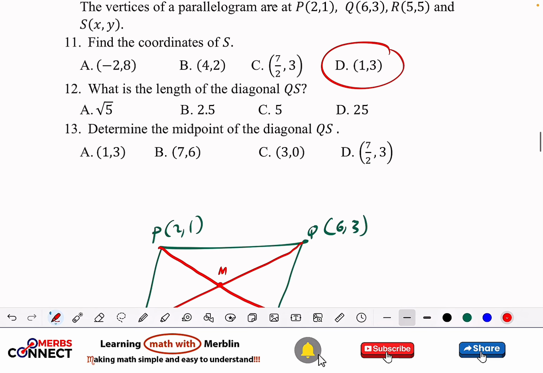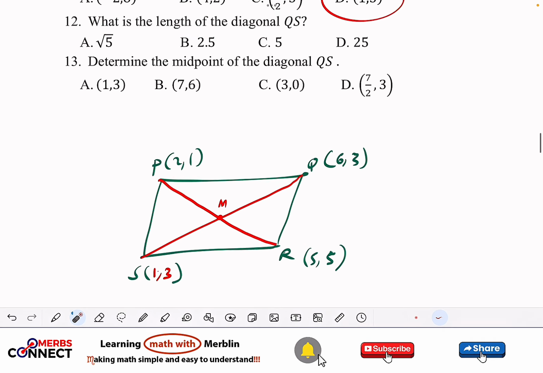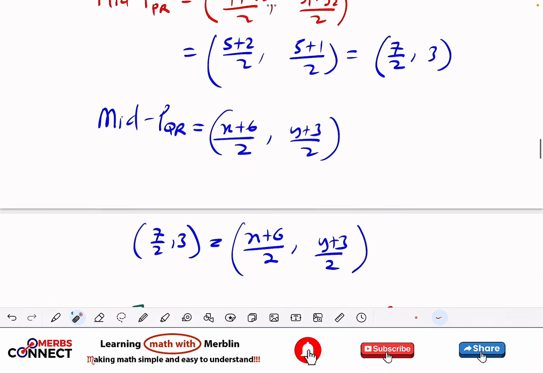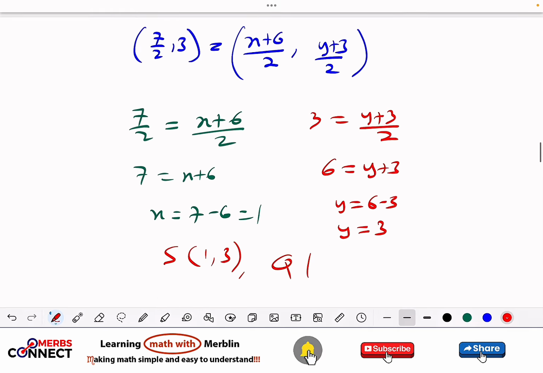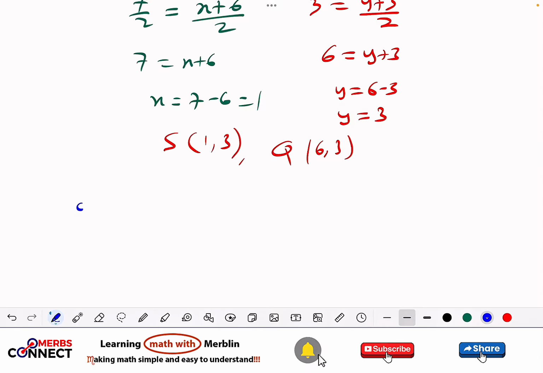The next question is asking us to find the length of the diagonal QS. So we want to find this length. Remember, when we're talking about length, we are talking about distance. So the length is the same as distance.